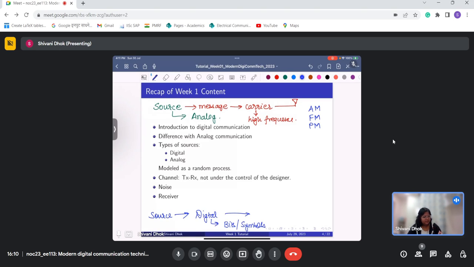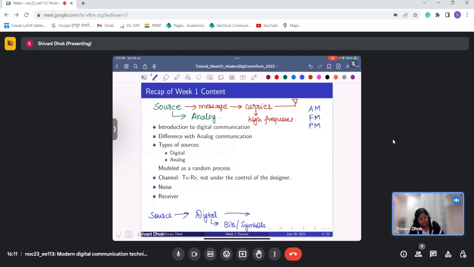So initially we convert the analog signal to digital, then process those symbols, mount them over some carrier or apply modulation techniques, and then transmit. This digital communication gives us certain benefits over the conventional analog communication systems.